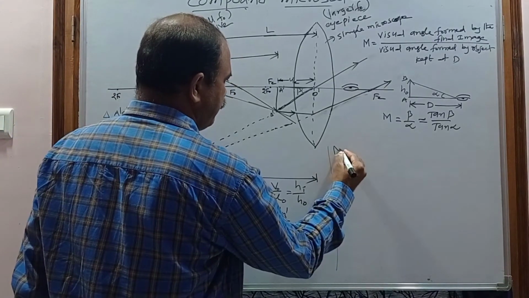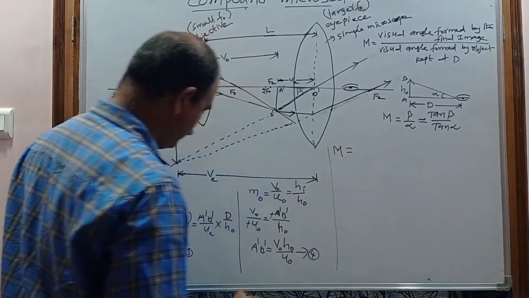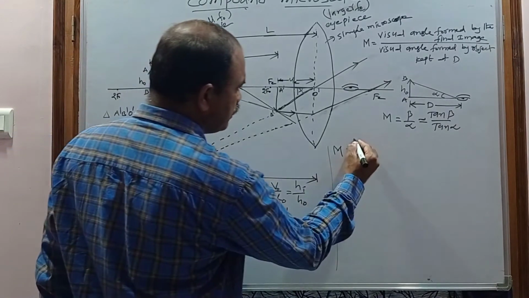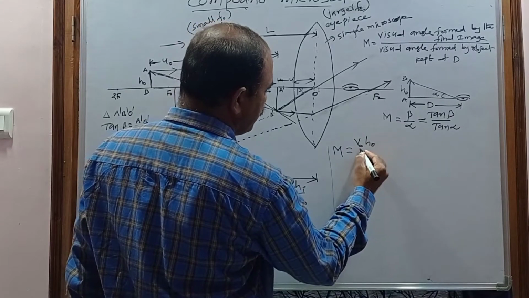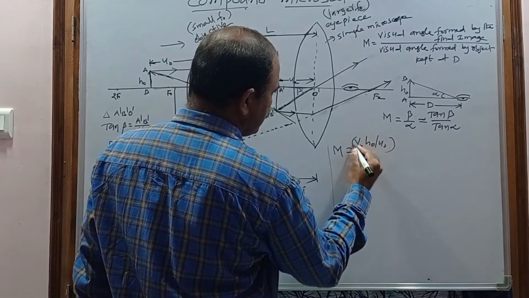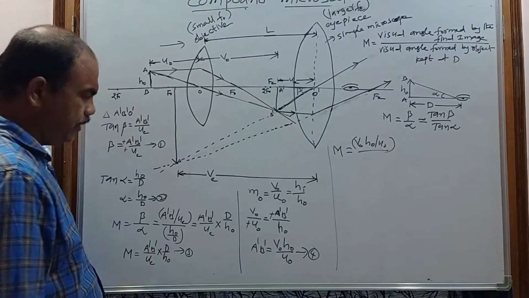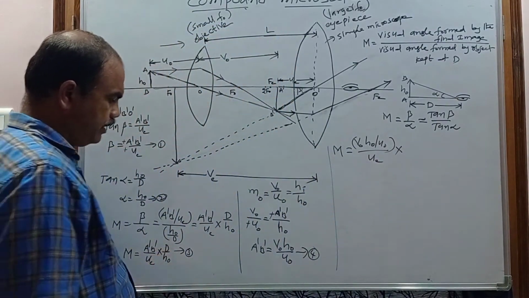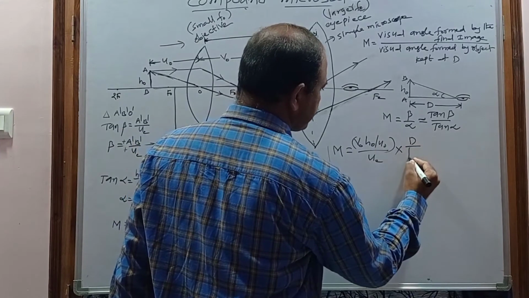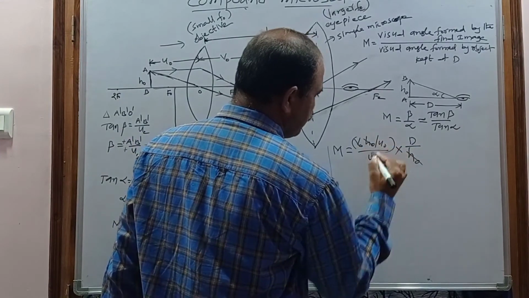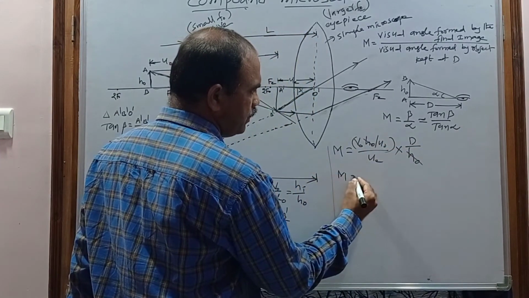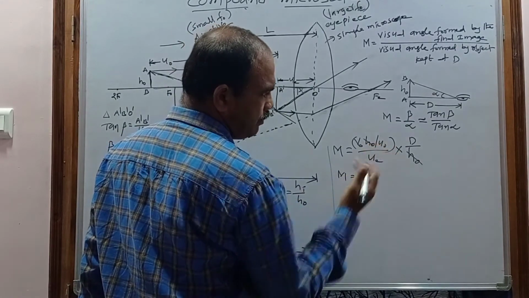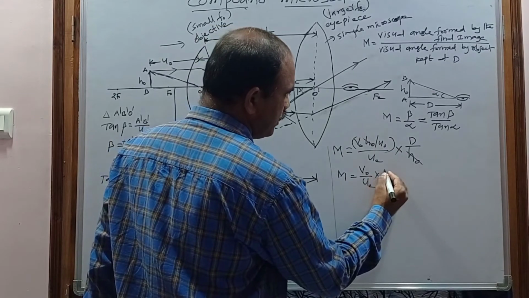The magnifying power of the compound microscope is equal to A dash B dash, which is V naught H naught by U naught, by U suffix E, into D by H naught. So this H naught will be cancelled. M equal to V naught by U suffix E, into this U naught comes to the denominator, into D by U naught.